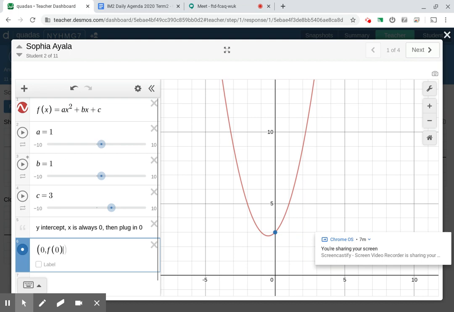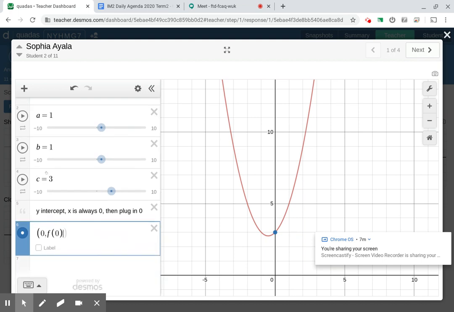Now look at my screen, and you're going to press plus, and then press a note, just like a little note for yourself, and the y-intercept. And underneath, we're going to make a point. You know, these points you can say 2, 3, or you can say 0, f of 0.